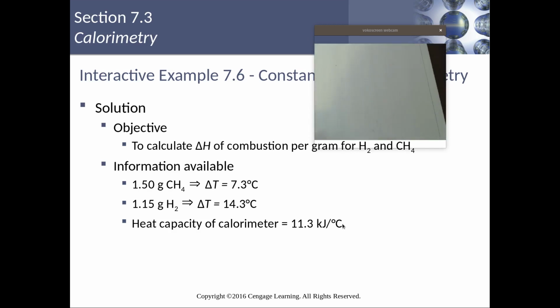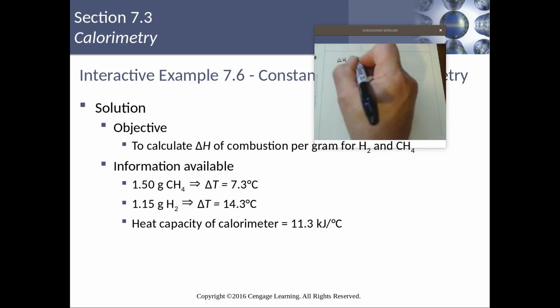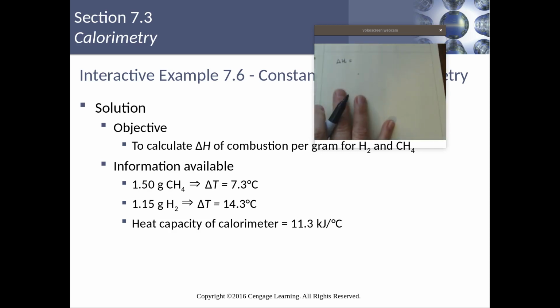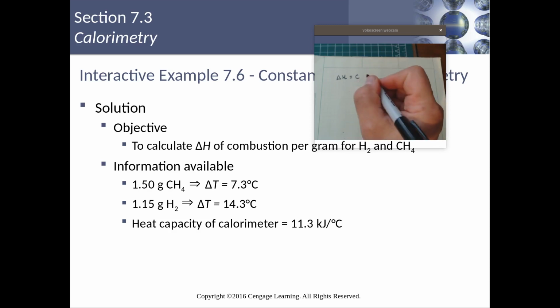I have the heat capacity of the calorimeter, and I have a delta T. So in each particular case, I can now calculate the delta H of the combustion. It's going to look like a C, which in this case is really the heat capacity of the system, times delta T of each particular case.